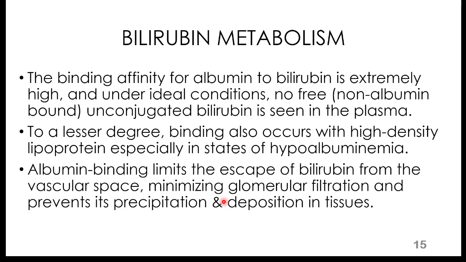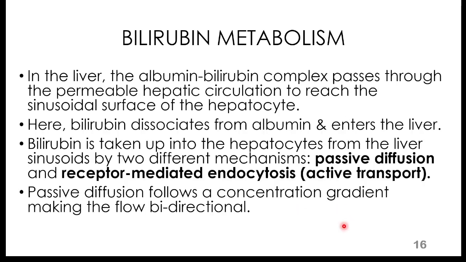For instance, it can cause some serious neurological disorders if it gets to the brain in enough quantities. So the binding to albumin ensures that the bilirubin stays within the circulation and does not enter into the tissues. Does not enter into the kidney, into the brain, and so on.